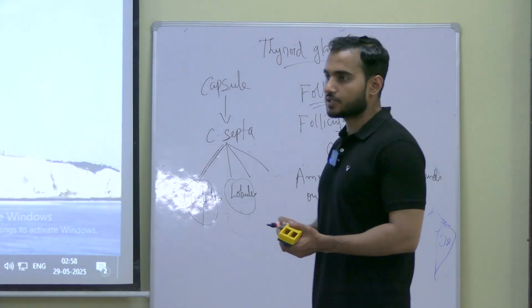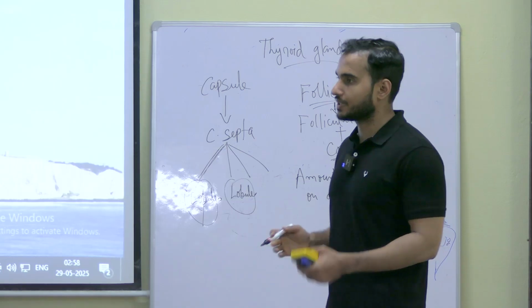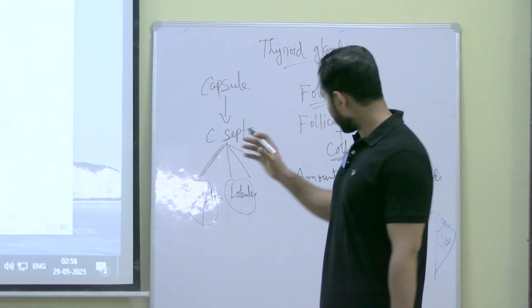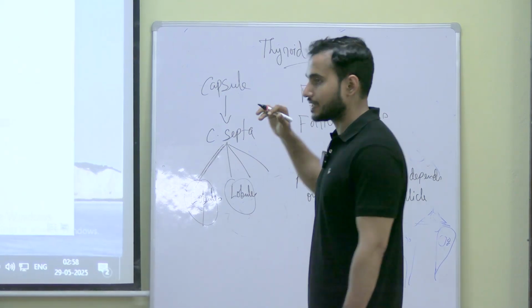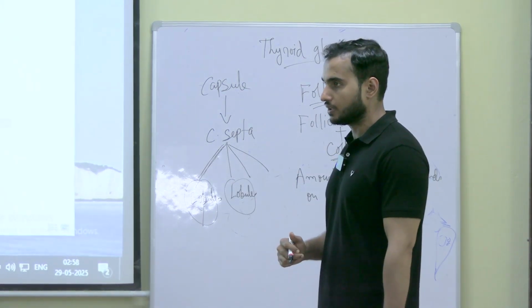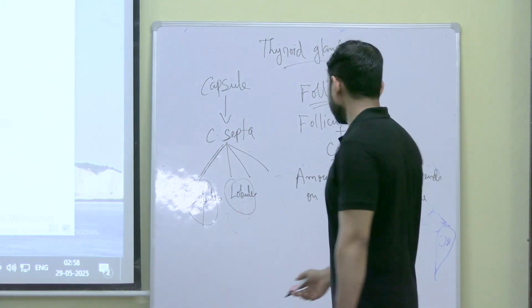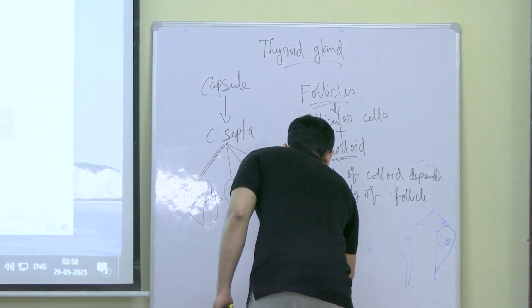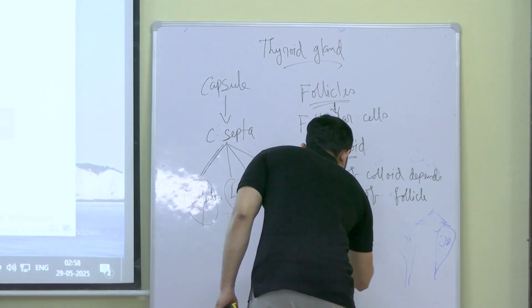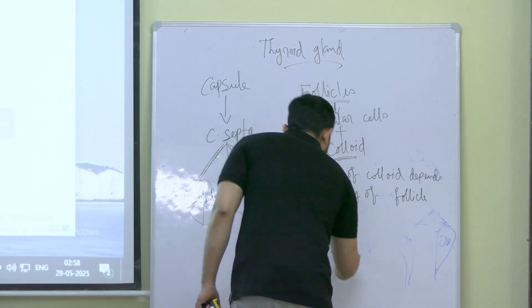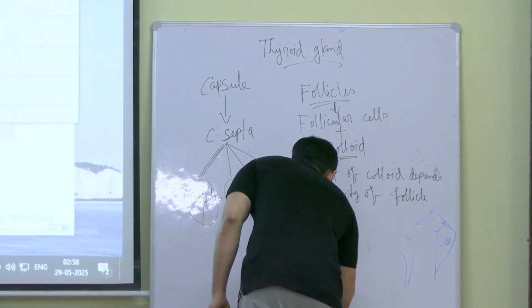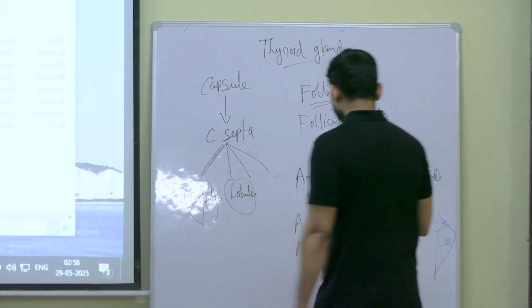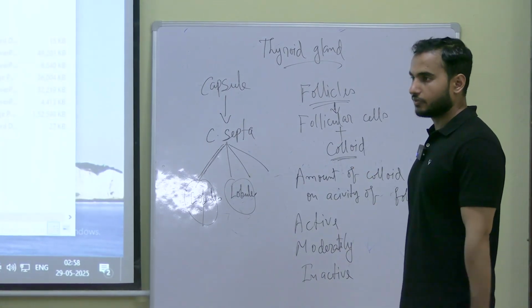About the follicular cells I have already told you, different types are there, from simple squamous to simple columnar epithelium, and the amount of colloid and the type of follicular cells depend on the activity of the follicle. Three types of follicles are there. What are they? Active, moderately active, and inactive.